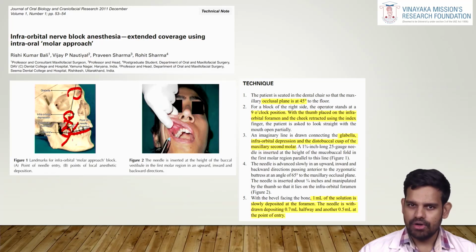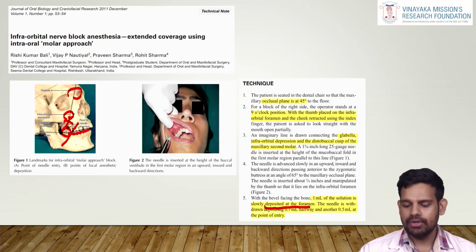The bevel should always face towards the bone. 1 ml of solution is slowly deposited at the foramen. The needle is withdrawn while depositing the local anesthetic solution. 0.7 ml is deposited halfway and another 0.5 ml at the point of entry. Thus the infraorbital nerve block is achieved.